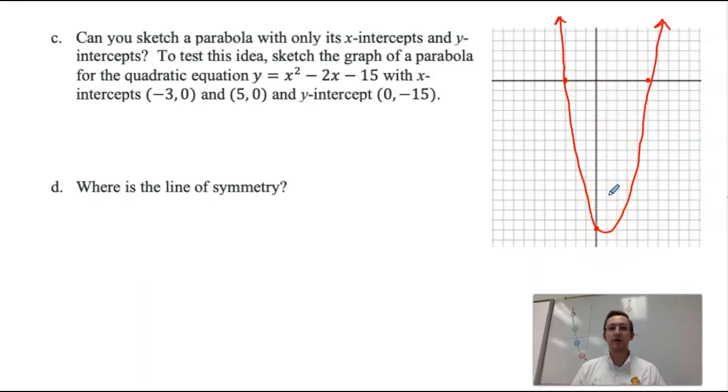So we know that that graph is going up. So I think we need 3 things. We need the two x-intercepts, and we need the y-intercept, or we need the vertex. One of those two at the end.